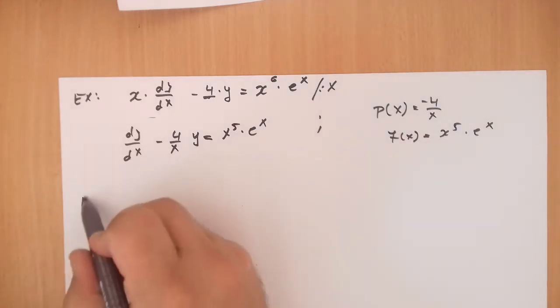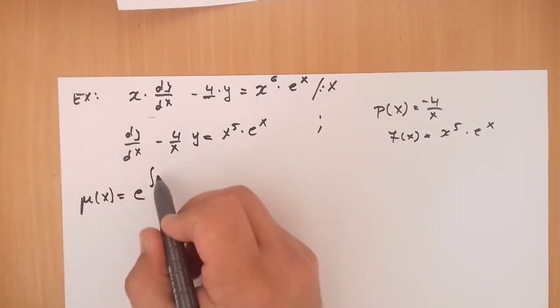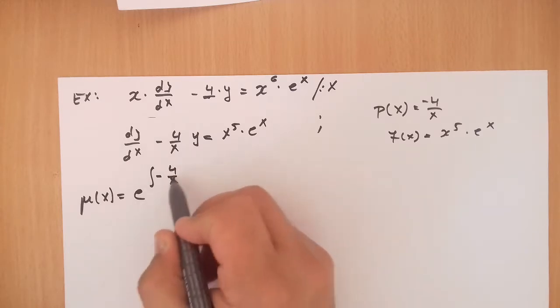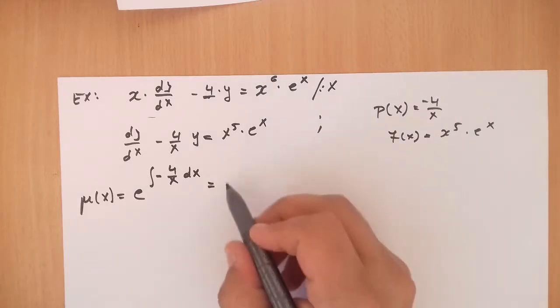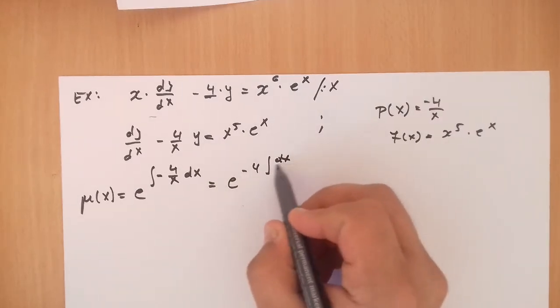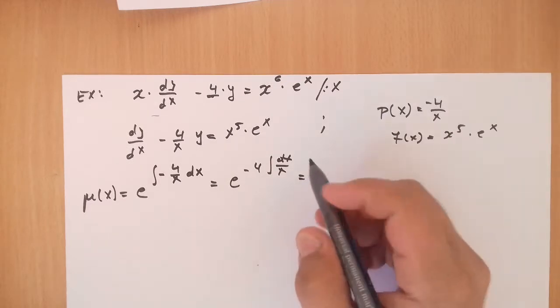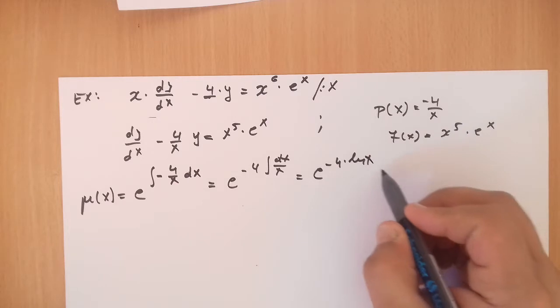So mu of x is equal to e to the integral of minus 4 over x dx, which is equal to e to the minus 4 integral dx divided by x, which is equal to e to the minus 4 times ln of x.